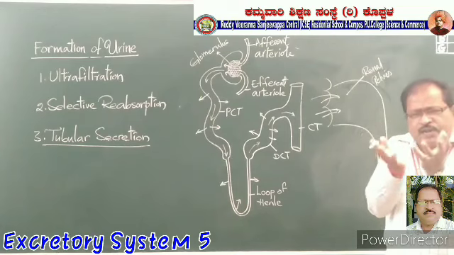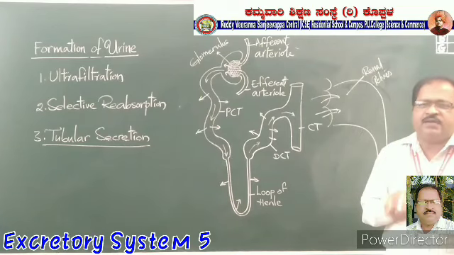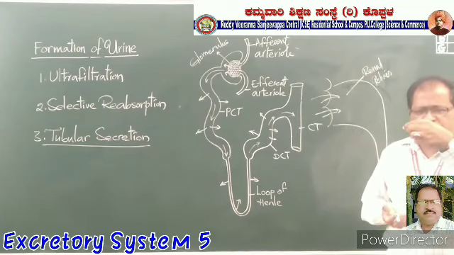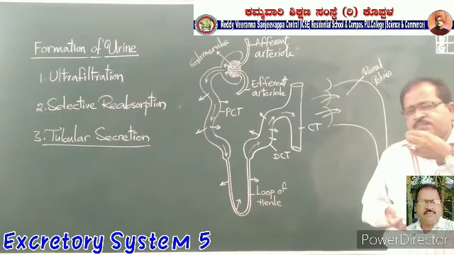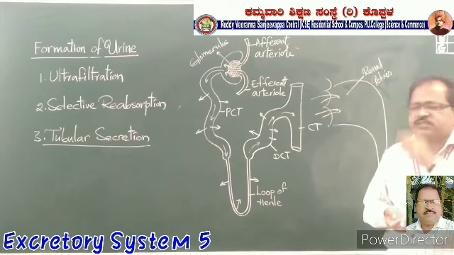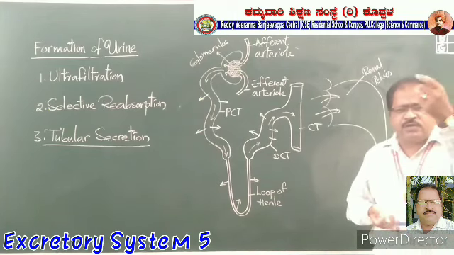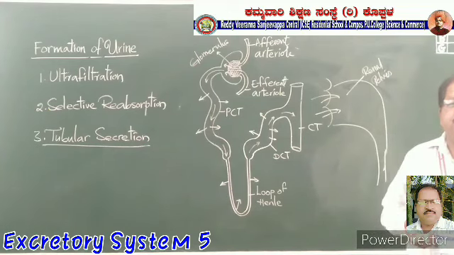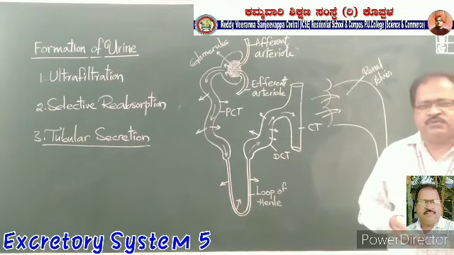Once the urinary bladder is completely filled, at the beginning of the bladder there is a muscular sphincter formed by muscles, which relaxes and gives us the trigger that we should go for urine.